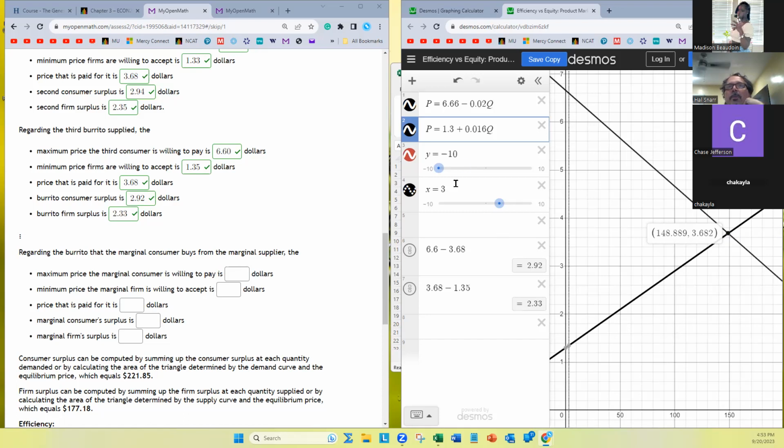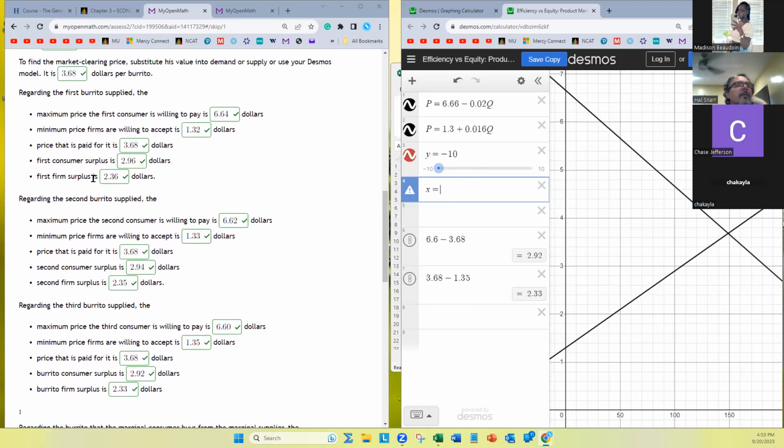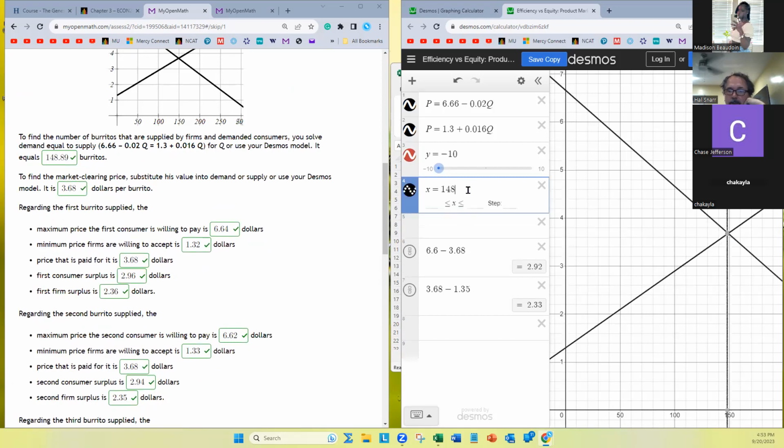So what I'm going to do is put X at my 3 decimal market quantity. My 3 decimal market quantity is 148.889 right here. So if this was in thousands, then there'd be 148,888 consumers in this market.